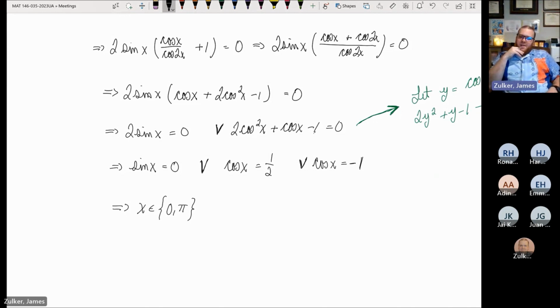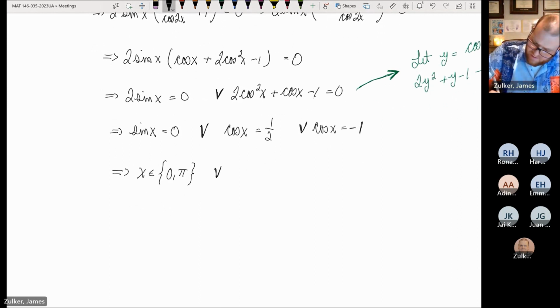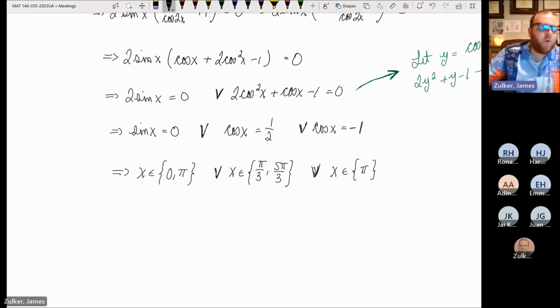Sine is 0 at 0 and pi. Cosine is 1/2 at pi over 3 and 5 pi over 3. And cosine is negative 1 at pi.